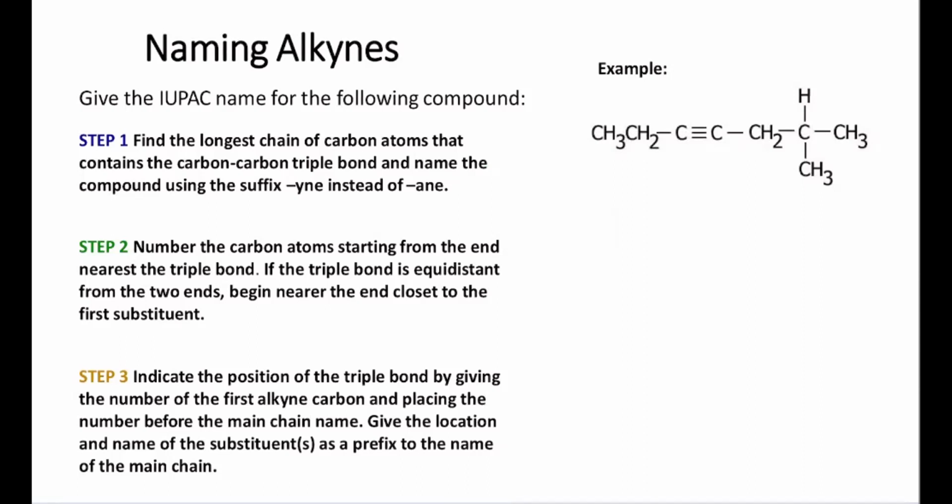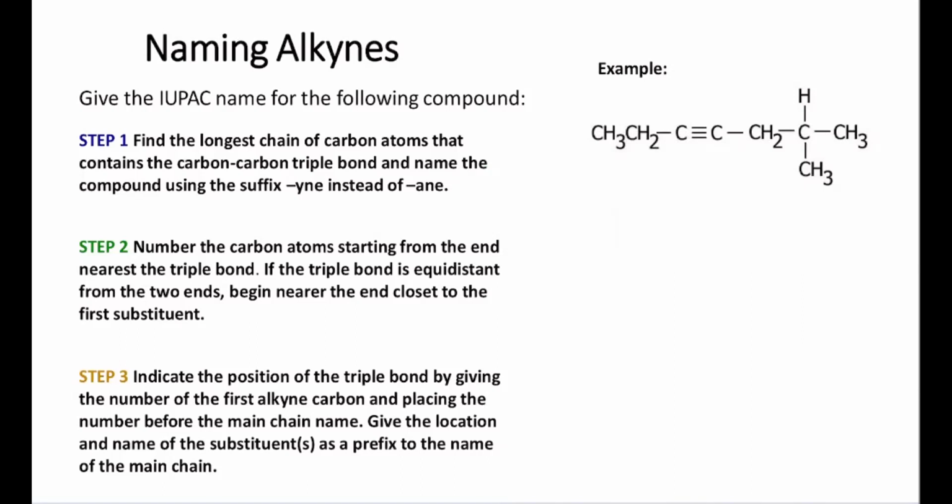So rule number 2, we're gonna number the carbon atoms starting from the end that is nearest the triple bond, okay? Similarly, if we have a triple bond that is equidistant, then that means that we are going to start from the end that is the closest to the first substituent, okay?